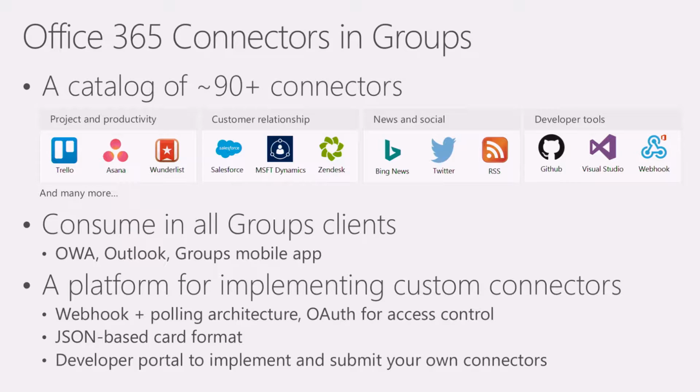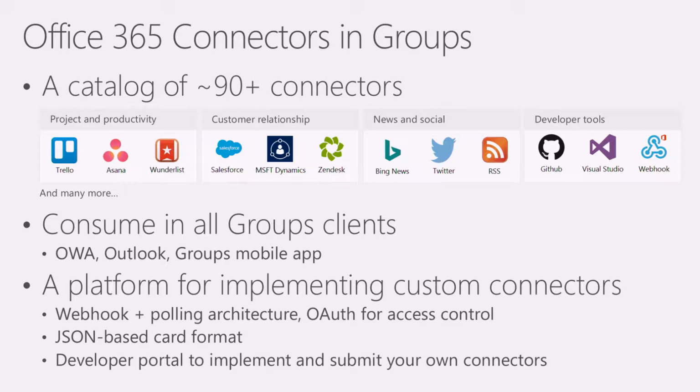There's another important thing here to note. Whatever I'm talking about right now and what we're going to show in a moment, it's available as a platform. So what that means is that pretty much what we have done today is something that you can also build upon. So this is something available to you guys. Feel free to go try it out and contribute to your users. This uses the standard technologies, HTTP webhooks and OAuth for access control.